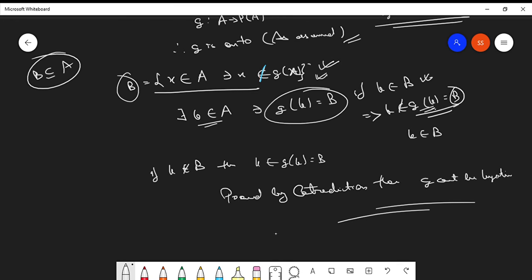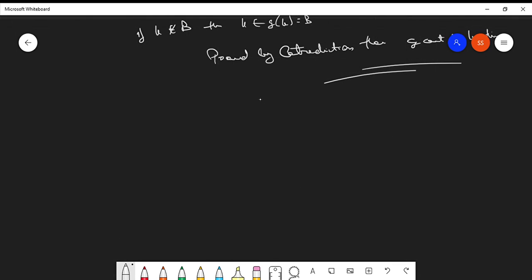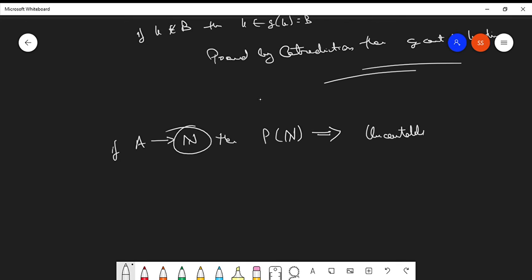If you replace the set A by the set of all natural numbers, then the power set of N, the power set of the set of all natural numbers, comes out to be an uncountable set. Clear? Reason being, it is not numerically equivalent to the set of all natural numbers.